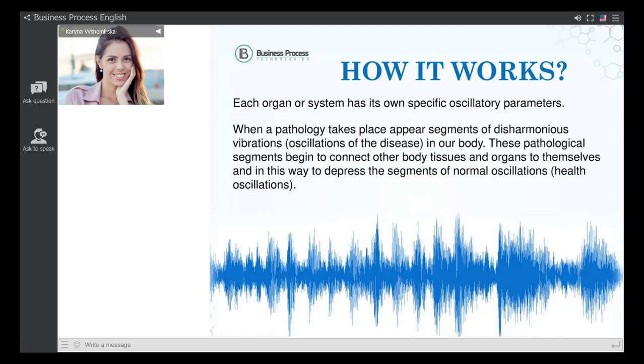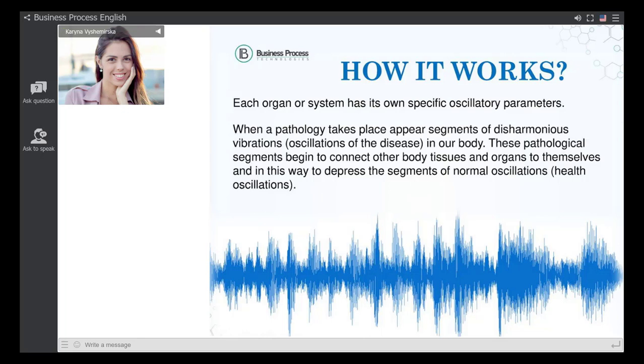We know that each organ or system has its own specific oscillatory parameters. It is all interconnected and comparable to an orchestra that plays the same melody where each organ has its own part. This is the same melody which plays during all our life. But what happens when we are ill? When a pathology takes place, segments of disharmonious vibration appear in our body, or as we call them, oscillations of the disease.